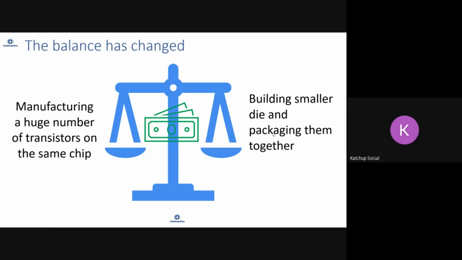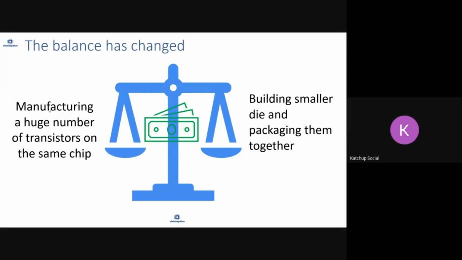Now, a system on chip was manufacturing a huge number of transistors on the same chip. So basically all the parts, analog part, digital part, all the parts of a chip, putting them on the same die was economically better early on.